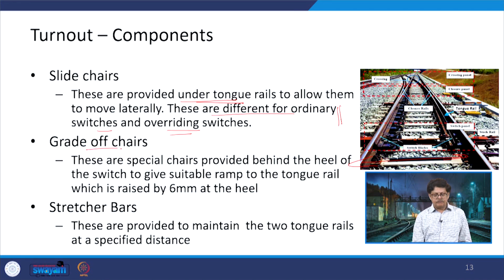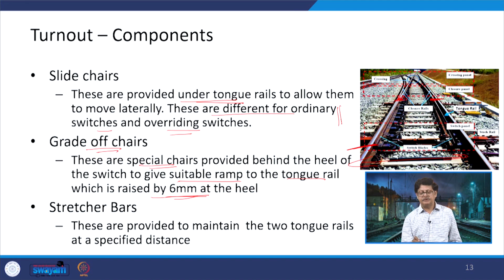Now, grade of chair, these are special chairs which are provided behind the heel of the switch. So, the heel of the switch is at the back side from where it is moving. The location at this point there is a heel and this is the toe of the switch, and it gives a suitable ramp to the tongue rail which is raised by 6 mm at the heel.